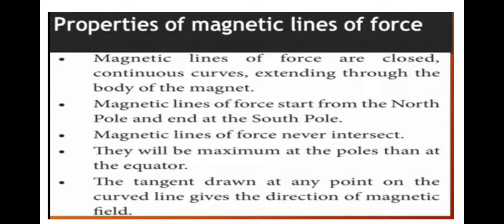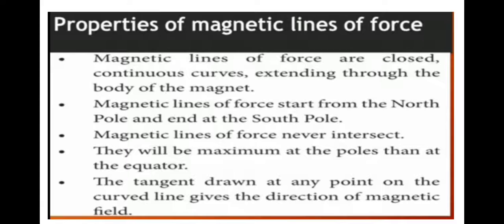So they will never intersect one another, and also they are more crowded near the poles, as you can see. Towards both the north and south poles, the magnetic lines are more crowded. That means the strength of the magnet is more towards the poles, and the lines are far separated near the middle of the magnet.